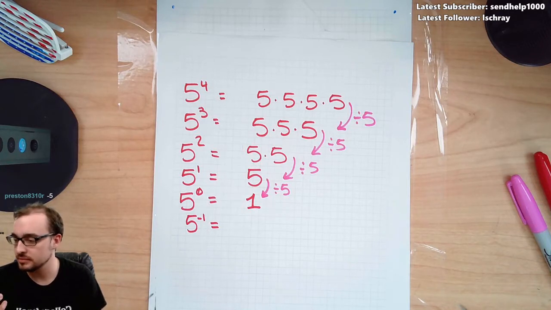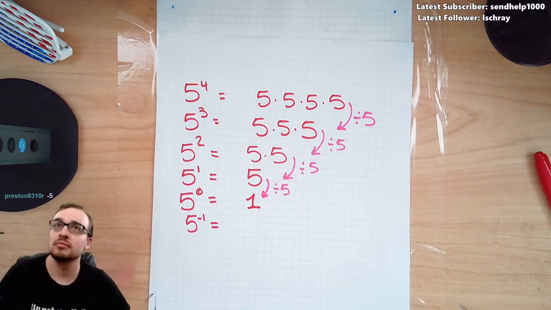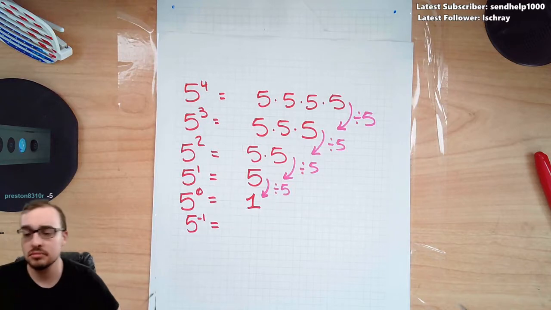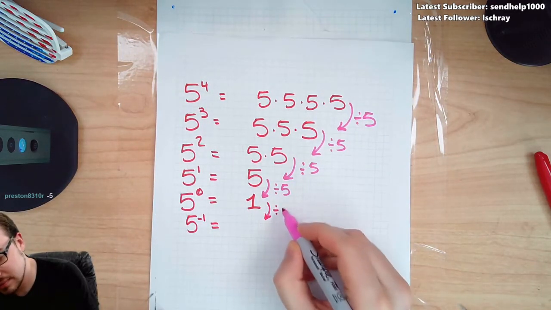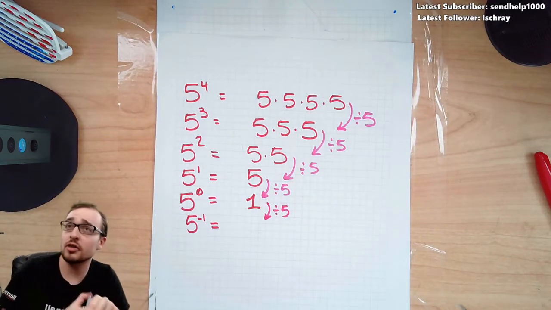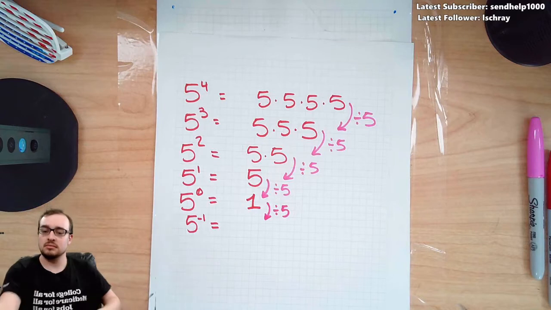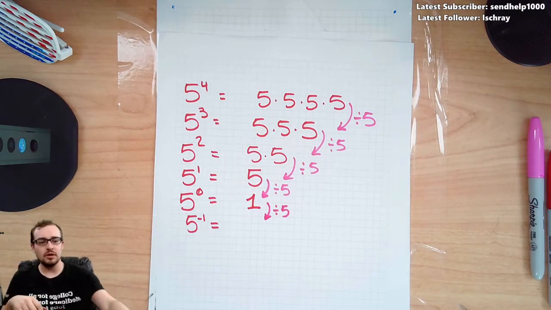But no. Not negative 5. How do I go down one step? Well, we're dividing by 5, right? Tell me 1 divided by 5 is negative 5? You've got another thing coming. We're dividing by 5. What do we do?